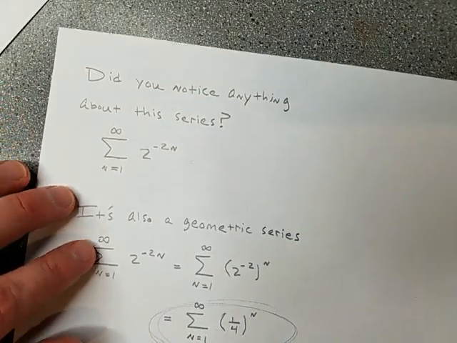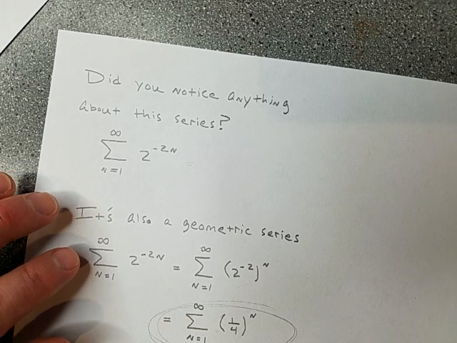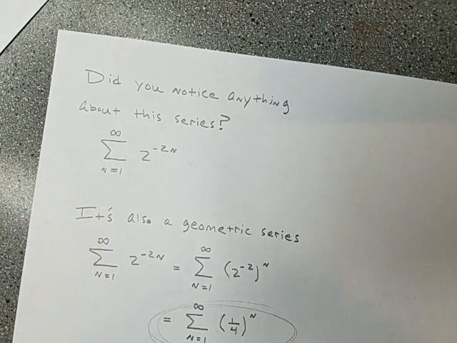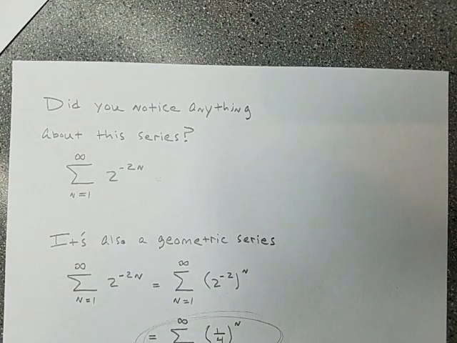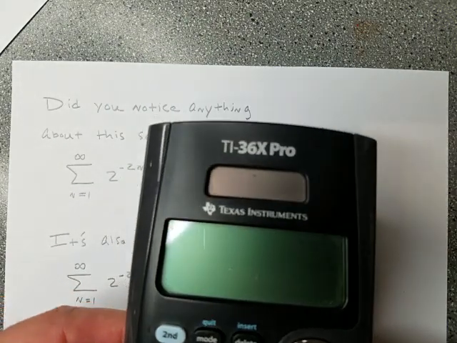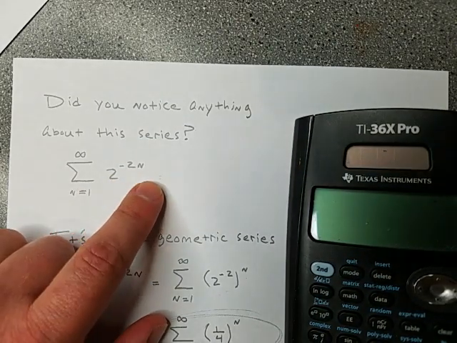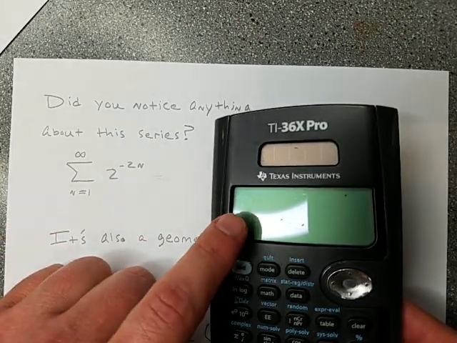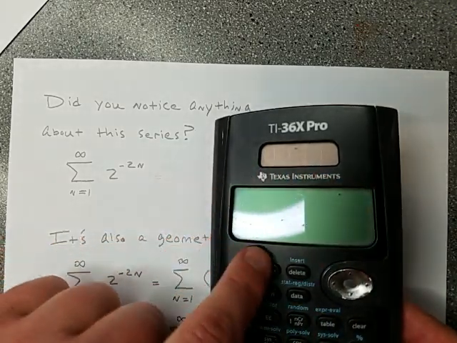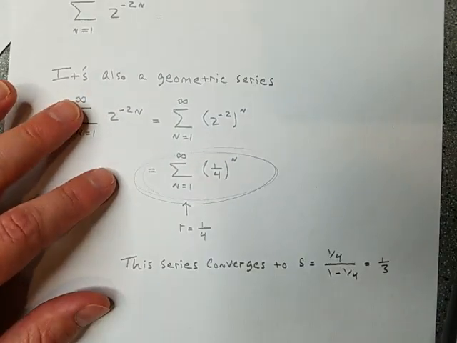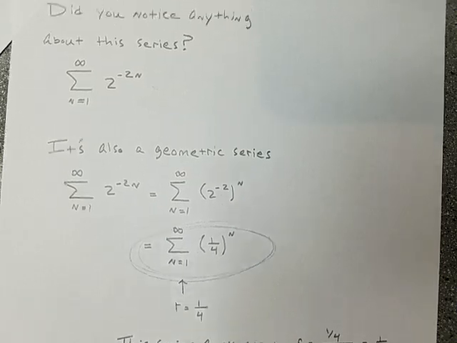Try it out. If you don't believe me, or if you think it would help you understand, I mean, when I'm doing math, I like to think about numbers. I like to think that numbers are actually involved. So I could get my calculator, or I could make an Excel spreadsheet, and I could start adding the terms of this together. I'll find that every time I add another number, the answer I get is closer to what? A third, okay?